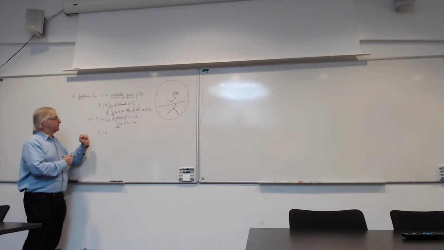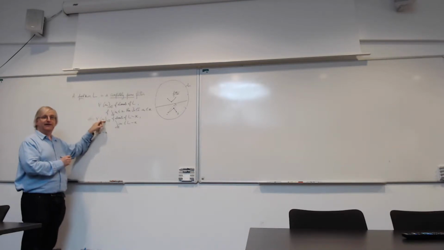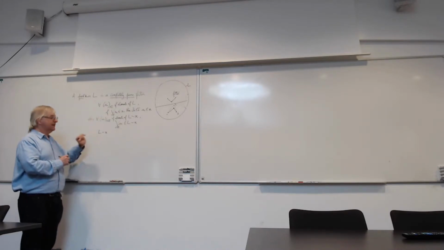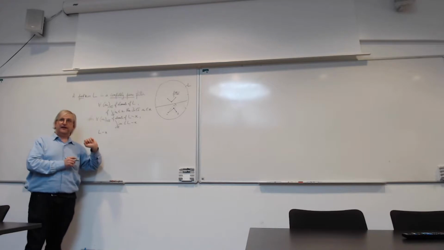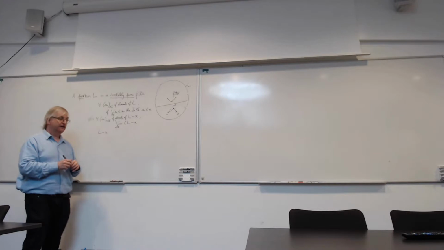What bothers you probably is that I have written the family of elements as an indexed family. As far as typing is concerned, this really is a map from some index set to L, or L minus X, and I'm now reasoning as if a family was just a subset. Mathematicians abuse language: the family is a set, or it's a set indexed by some index set, and that's equivalent.